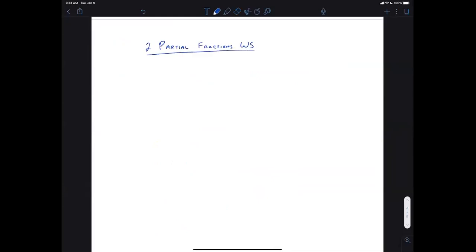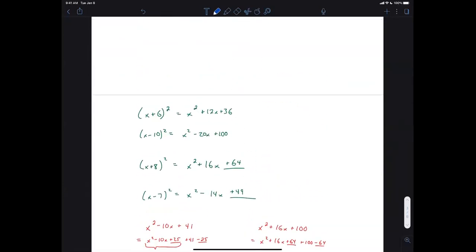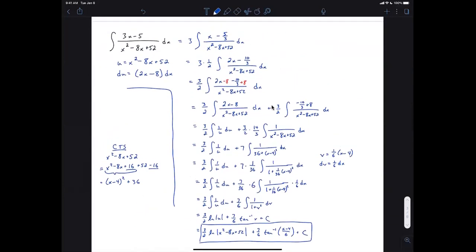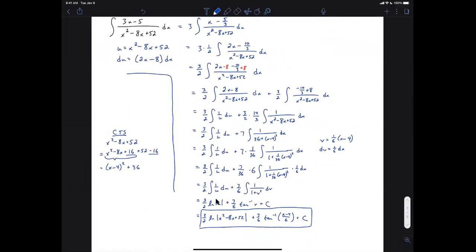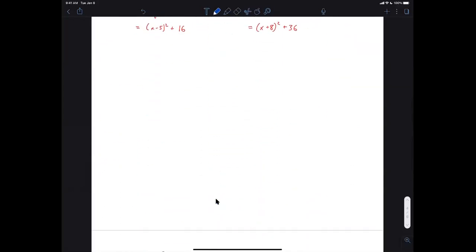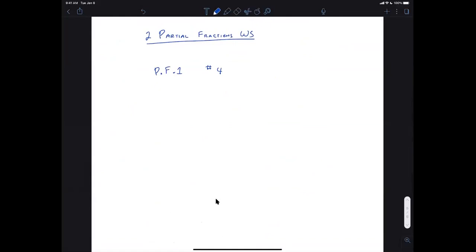So on worksheet 1, partial fractions 1, number 4, I've been telling you up till now to skip it, because it's one of these. The denominator is an irreducible quadratic, and you have one with the answer. There are also probably examples on partial fractions 2. This is the one where you do completing the square.